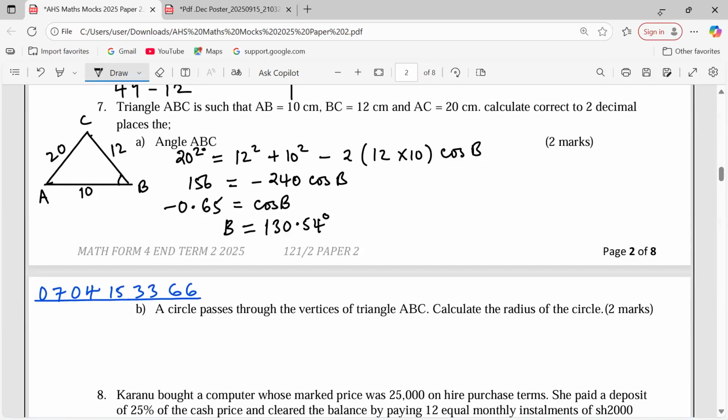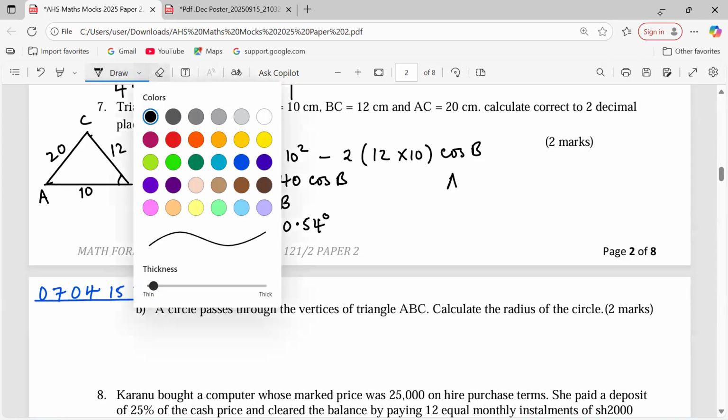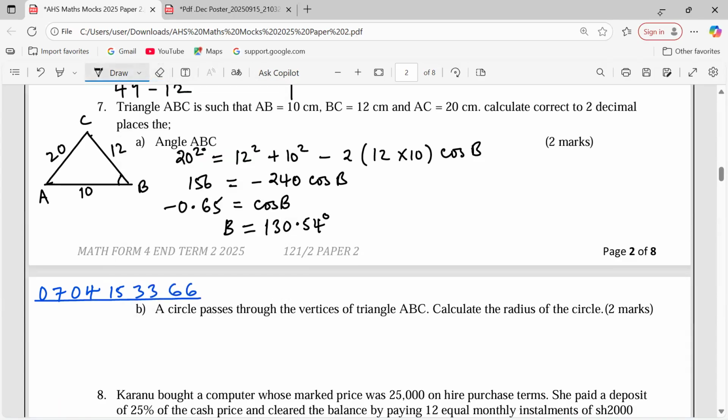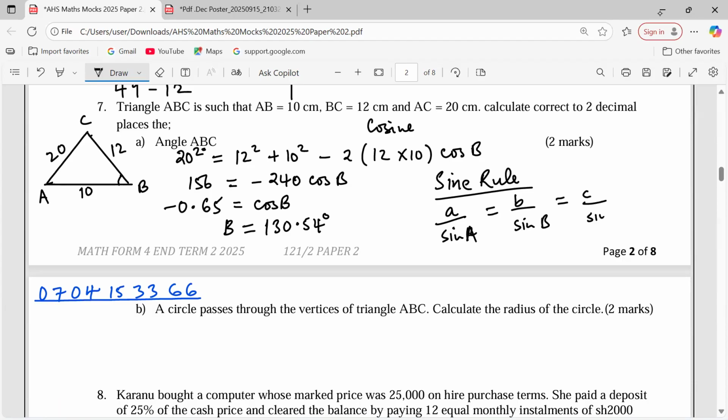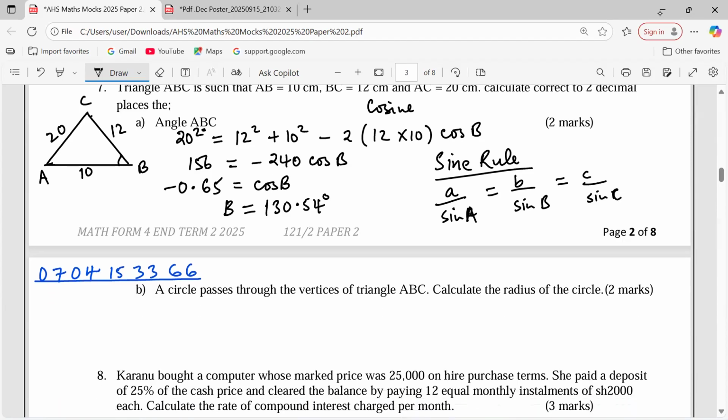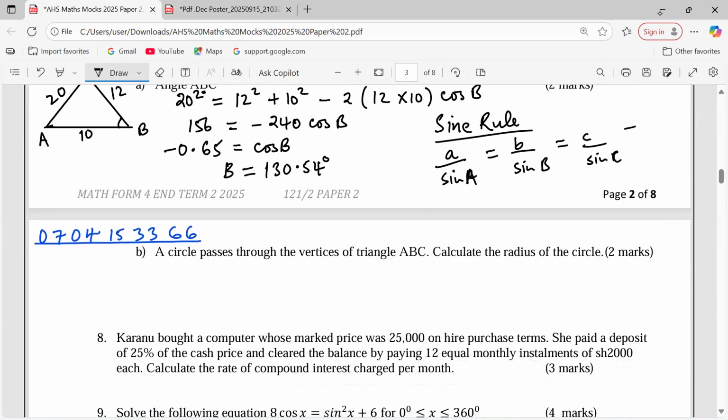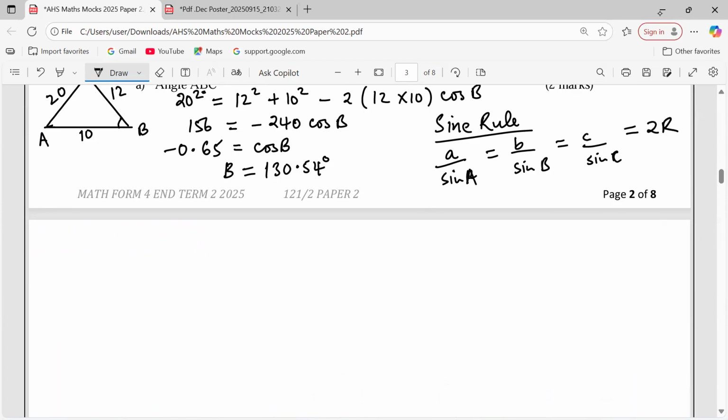So the sine rule says that the angle at A, which we give in small letters now, remember what we have applied here is the cosine rule to get the angle. So now the sine rule says that the length A out of the sine of the angle at A should be the same as B out of the sine of the angle at B equal to the length C out of the sine of the angle at C. So with this understanding now, we say this is equal to twice the radius of the circle.